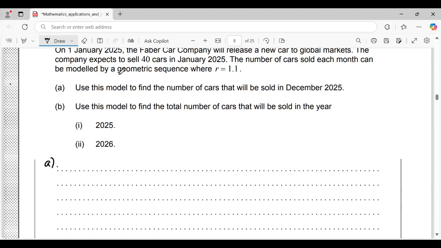The geometric sequence, it means the formula is Un equals a r to the power n minus 1.